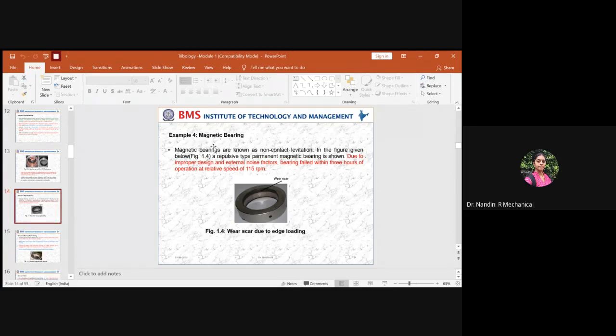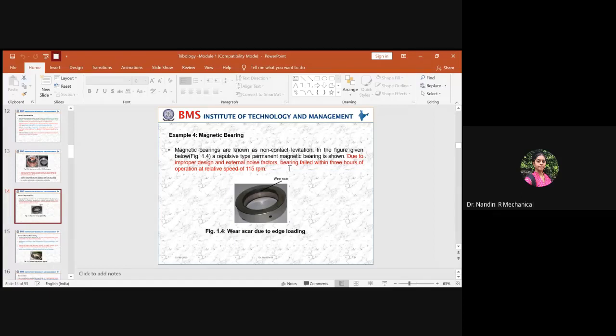So in magnetic bearing, the losses due to wear usually occur due to non-contact levitations. In this figure, you can see a repulsive type of magnetic bearing with a wear scar which has been shown. How does it occur? It occurs due to improper design and the external noise factors which are associated when you use a magnetic bearing.